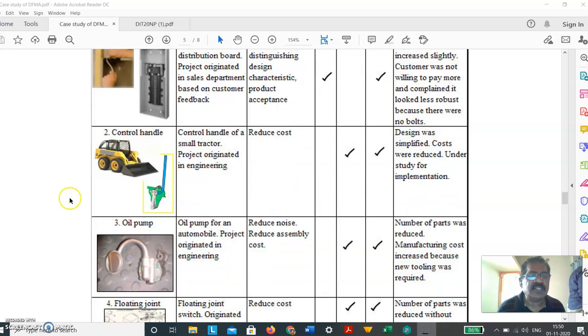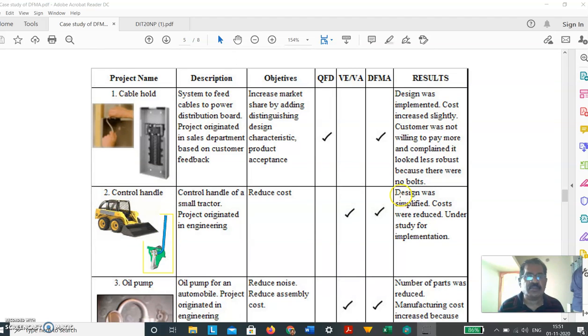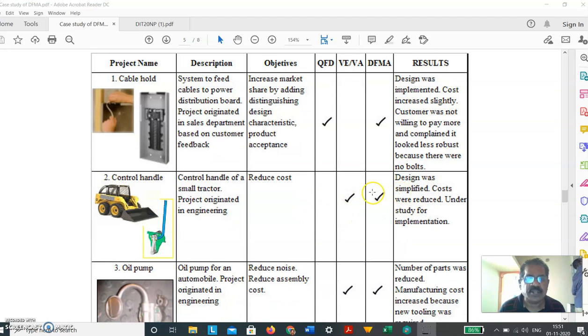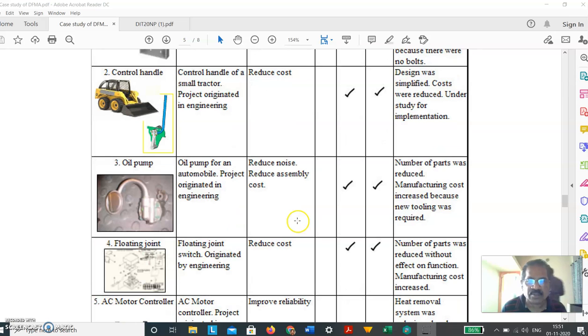The next one is a control handle of a small tractor, and the idea is to reduce the cost. The design was simplified, the cost was reduced, and this is being used for implementation also. Next we move on to the oil pump for an automobile. The project originated in engineering, and the number of parts was reduced. Manufacturing cost was increased basically because of the new tooling.